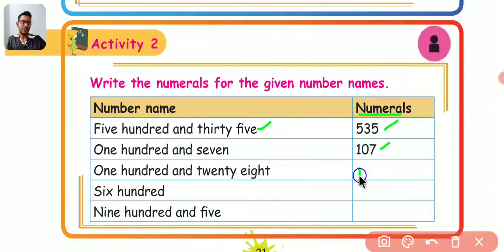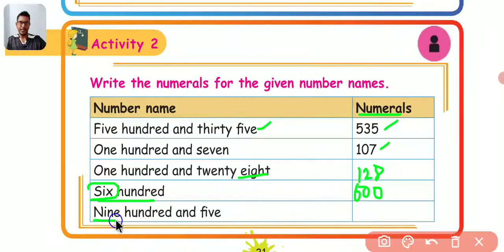128, that is 100 means 1, and 20 means 2, then 8 means 8, this is 128. Next 600, 6 means 6, 100 means you have to add 00, that is 600.